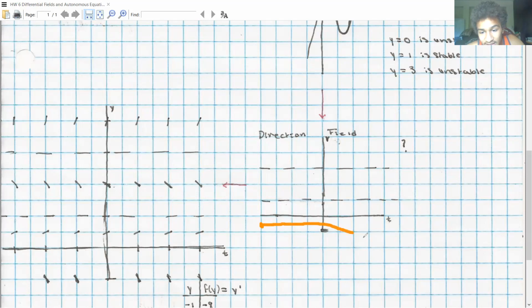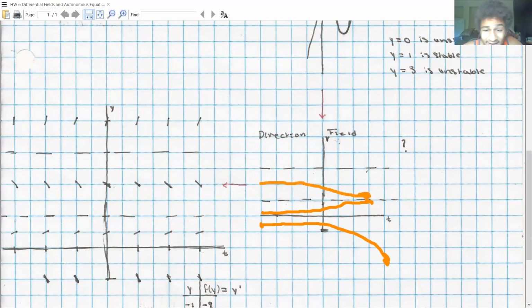So as t goes to positive infinity, y will be decreasing and it'll diverge from 0. We know the same will happen over here, where it goes away from 0 and towards 1. So we'll see a y value going near but not at y equals 1. On the interval from y equals 1 to 3, we'll see the same thing. Let's say we're starting right here, at an arbitrary y value. We know we're going to converge onto the value of 1 since this is a stable solution.